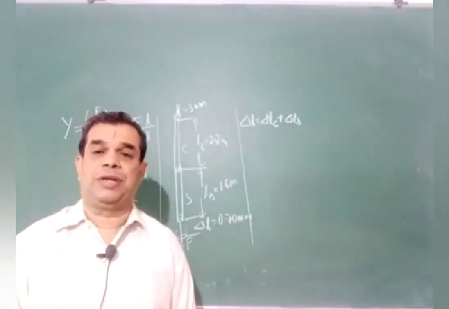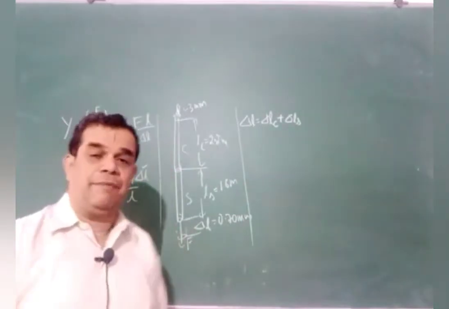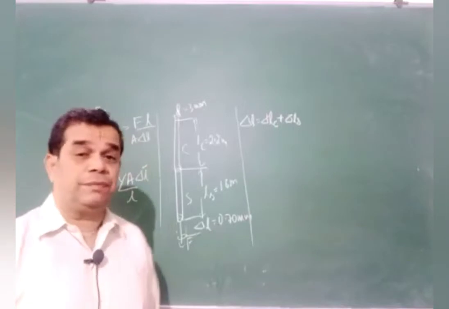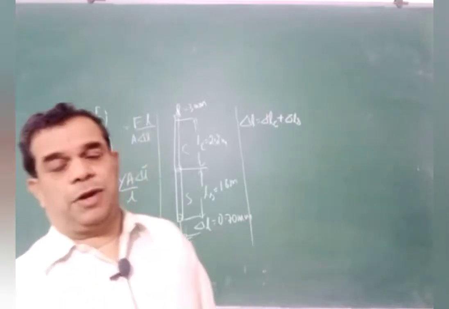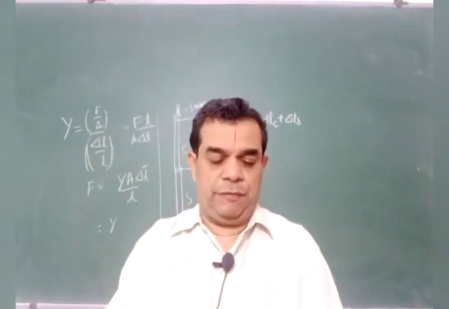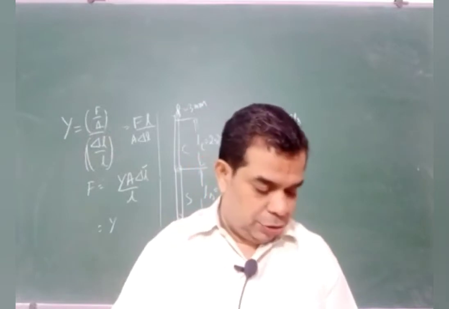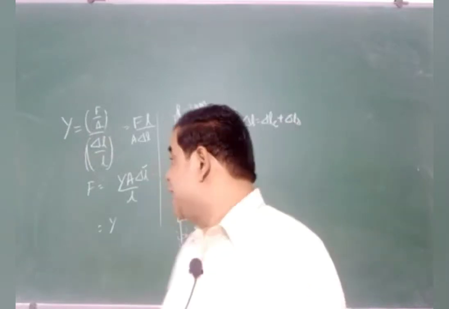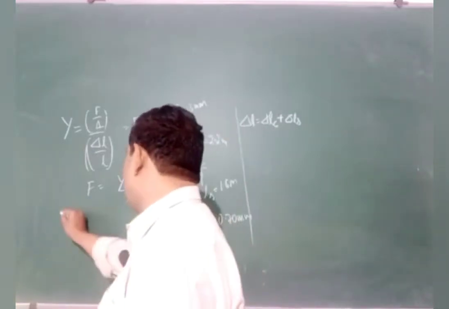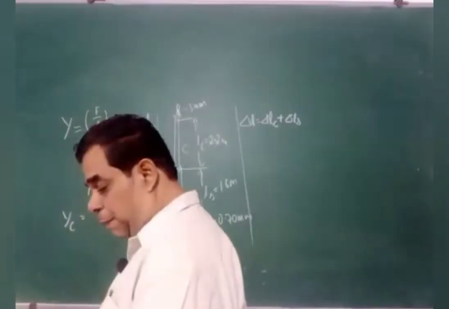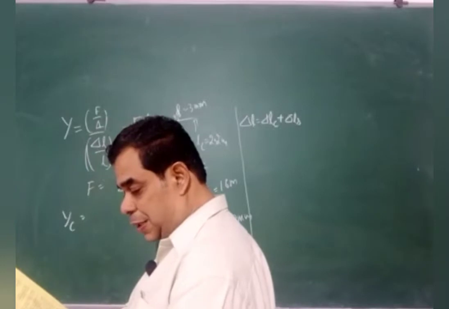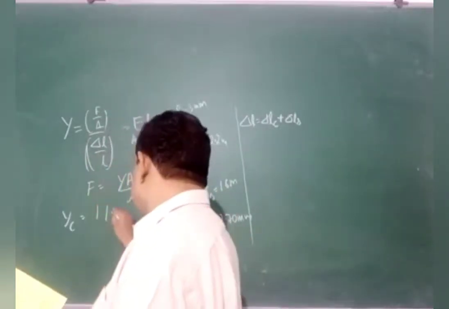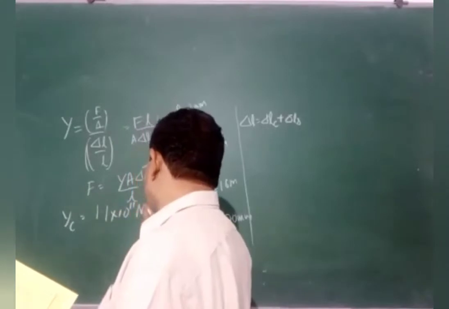Both to be added to get delta L, 0.7 millimeter. So with these things, now they have to give you Young's modulus also. It is given, in fact, not in the problem, in the solution, but you are supposed to write down this. Young's modulus of copper to be given, otherwise we cannot solve. Young's modulus of copper is 1.1 times 10 raised to 11 Newton per meter square.